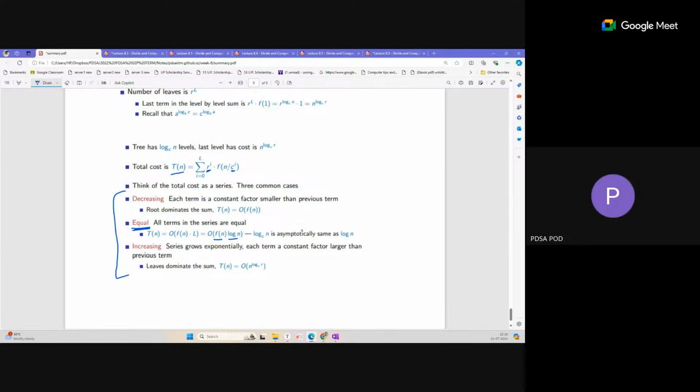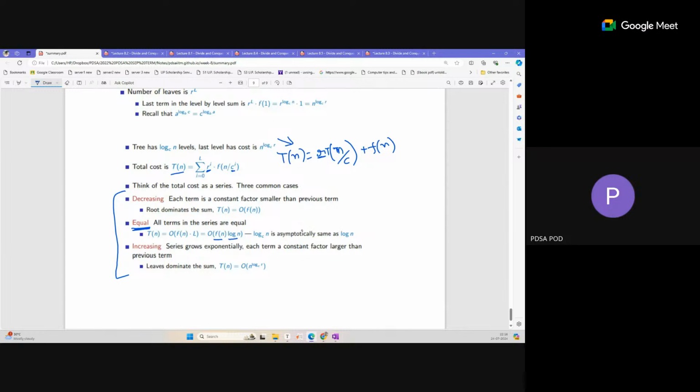So what Fn is: suppose you are given Tn equal to R T of n by C plus Fn. So this is the corresponding equation for the recurrence relation.